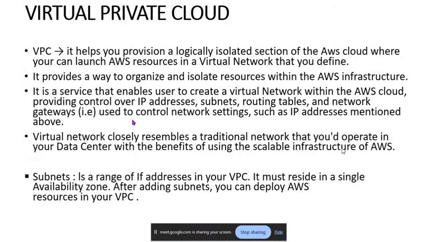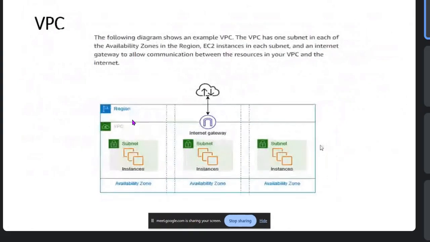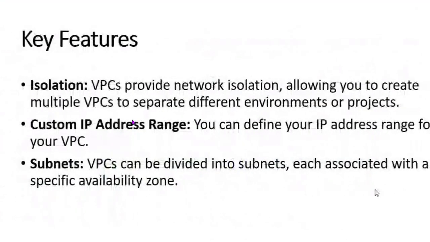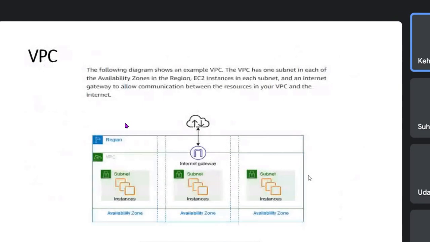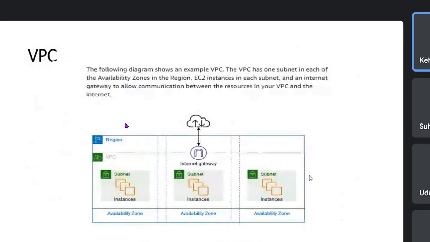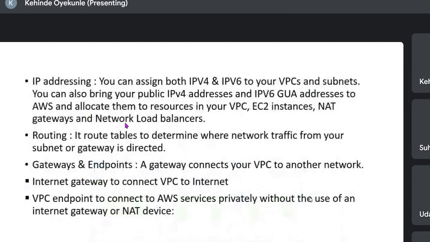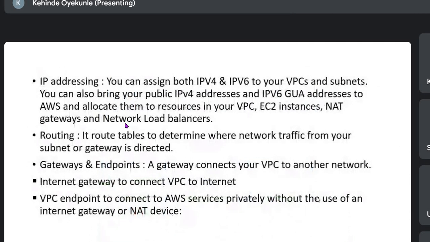Then let me go straight to, but I still have this over here. Yeah, then what are the key features of a VPC? Previous slide. Go back, previous to that. You have the description.